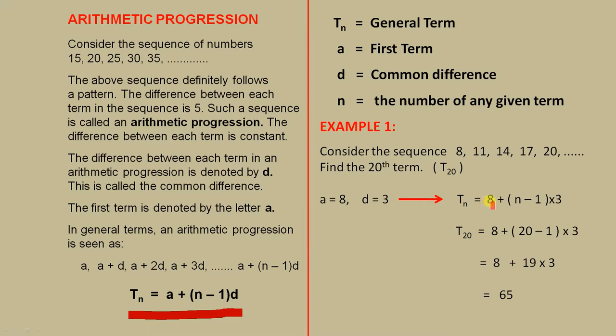So we substitute those two terms into this formula here, and we have T20 equals 8 plus 20 minus 1 times 3. So the 20th term is 8 plus 19 by 3, and the 20th term is 65.